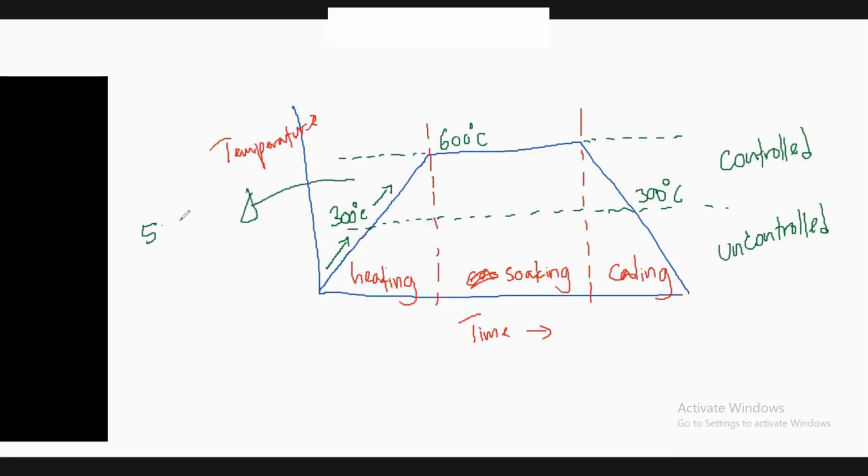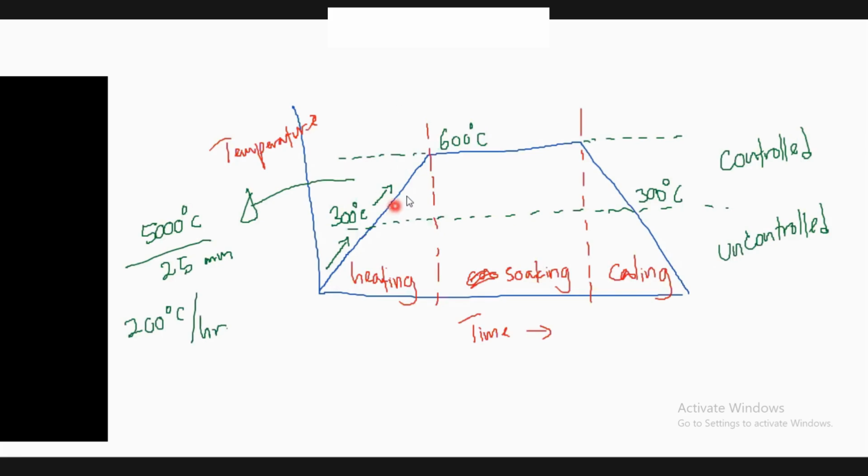But when it comes to 300° C above here, this is what they want, example, 5,000° C divided by the thickness. Example, we have 25 mm. Then we got 200° C per hour required here, at this point.